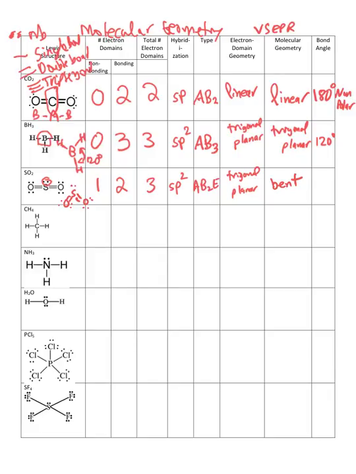And that bond angle is actually going to be a little bit less than 120 degrees. Those non-bonding electrons are more repulsive than any sort of bonding electron domain will be, and so it makes that angle a little bit less than 120 degrees.